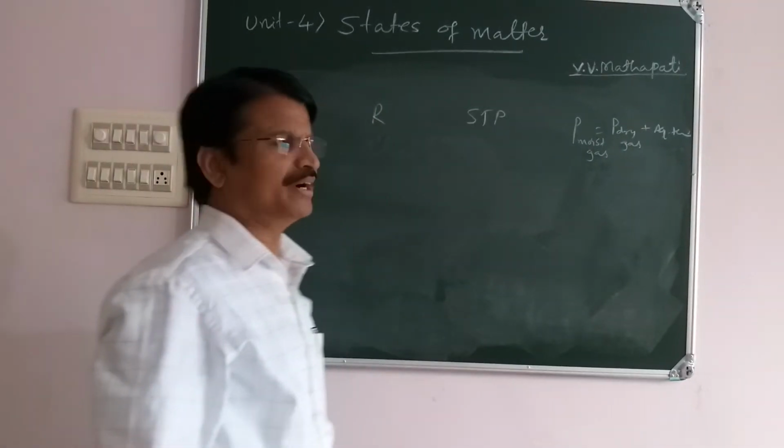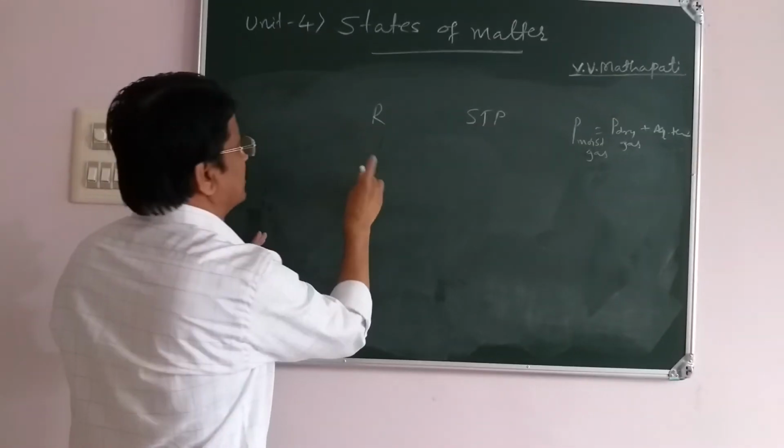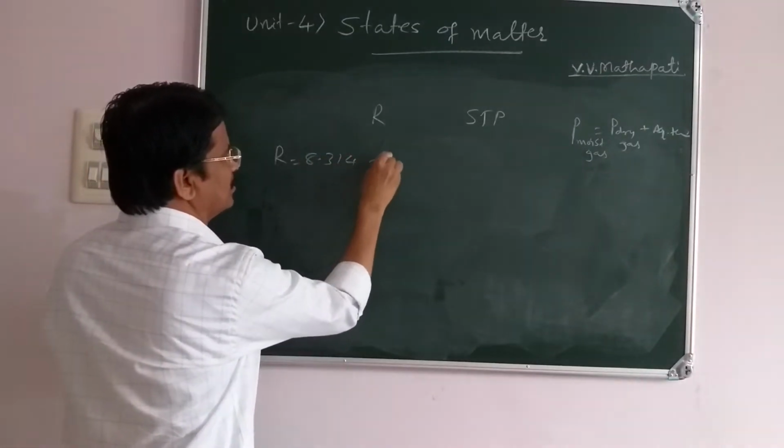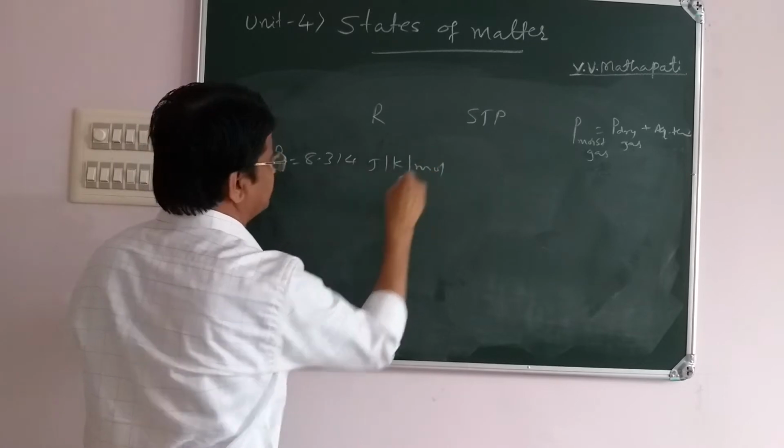Now these formulas are required. Value of R in SI unit is 8.314 joule per K per mole.